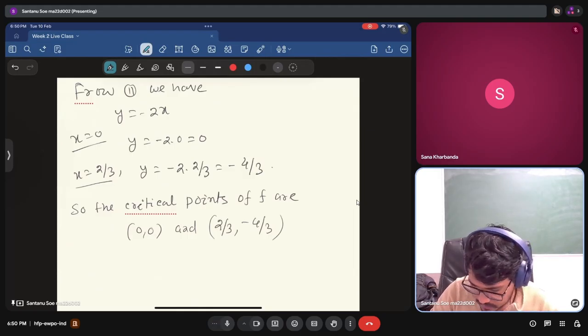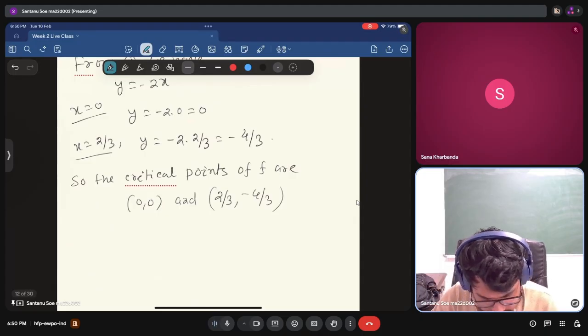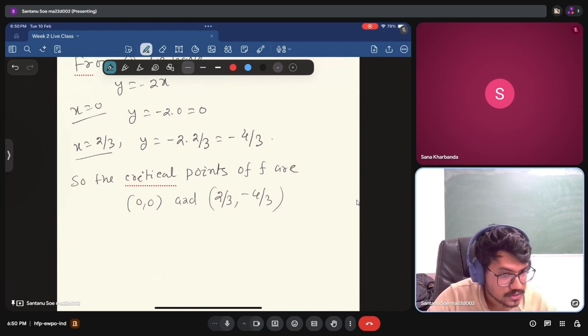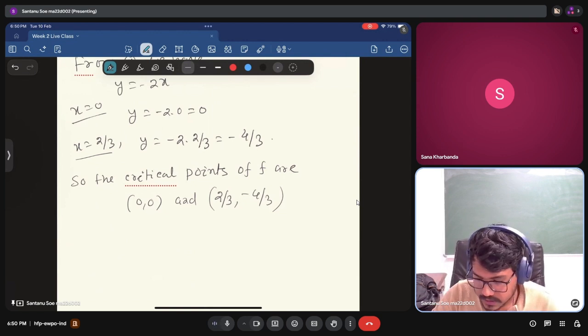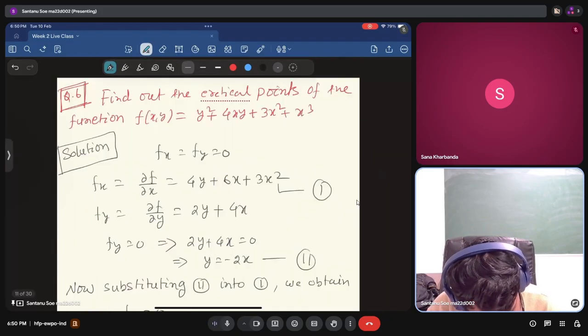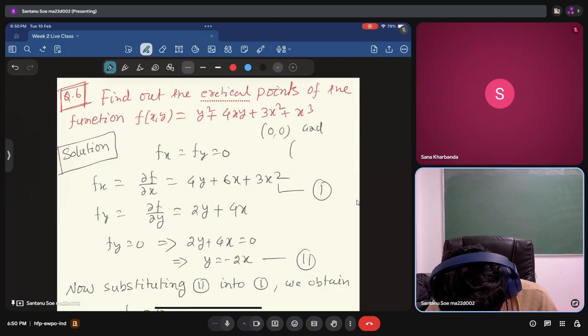Okay, and now we can also try to find out what are the minimas or what are the maximas of this function. So the question only asks for the critical points, right? So the answer should be (0, 0) and (2 by 3, minus 4 by 3).